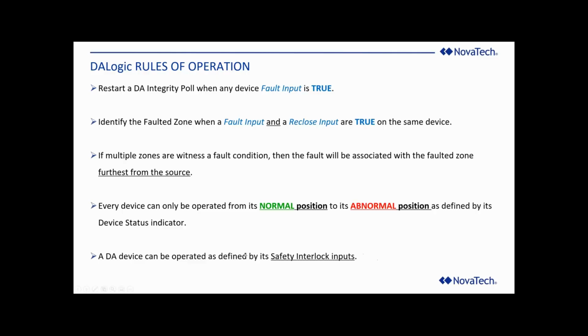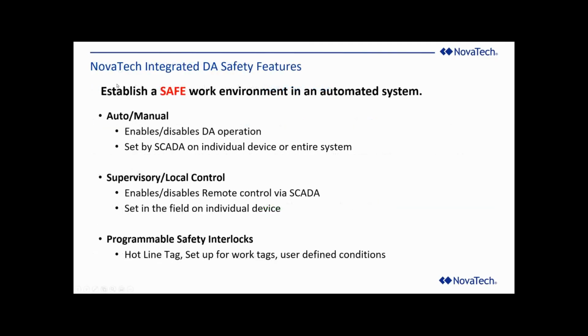And then we have a number of safety interlocks that are controllable from SCADA or at the pole and in the field, that can temporarily disable a single device and partially disable the DA system, or permanently disable the entire system if chosen to.